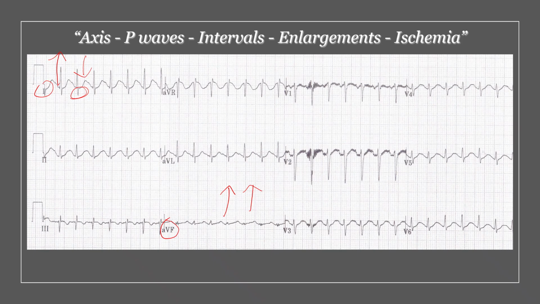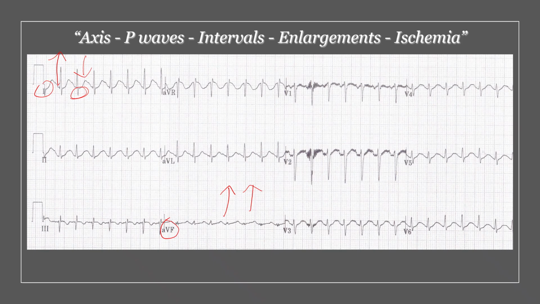We've covered the P waves. In terms of the intervals, we've got a normal PR interval here, and now talking about the QT interval, we have got a fairly long QT interval, and that is something that we're going to cover in future videos with more details.